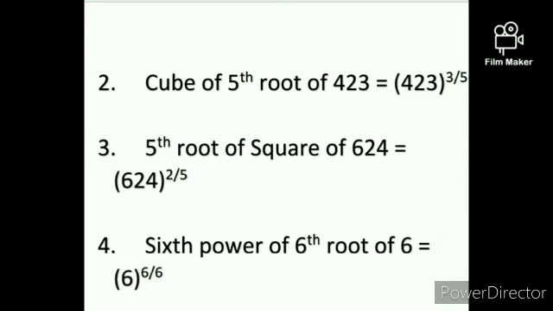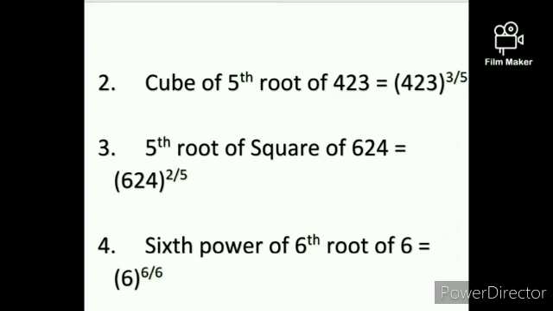And then below, what you have to write? The root. What is the root? 5. So cube of 5th root means 3 upon 5. So how will you express cube of 5th root of 423? 423 raised to 3 upon 5.